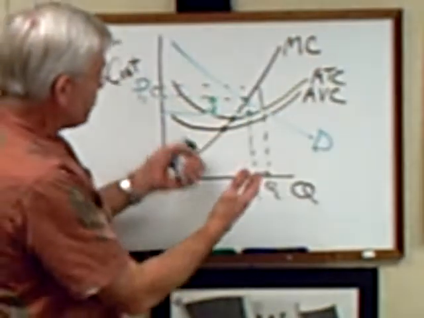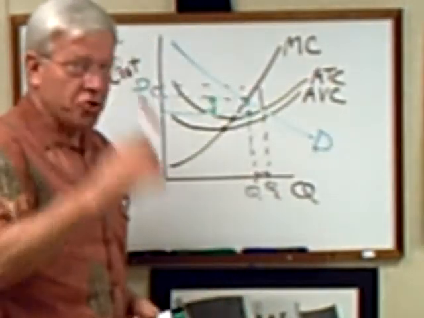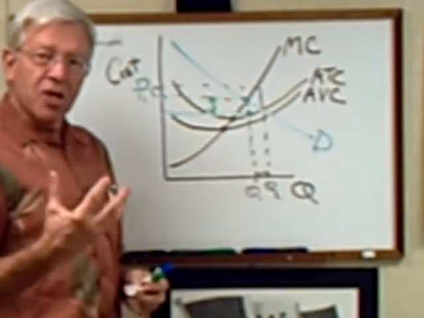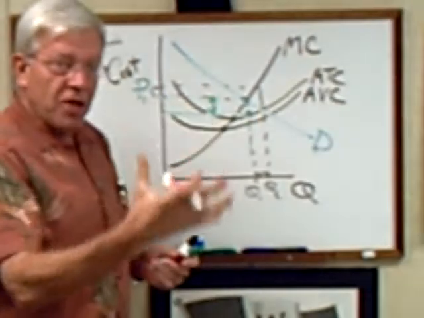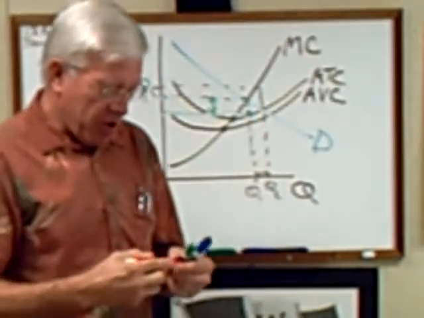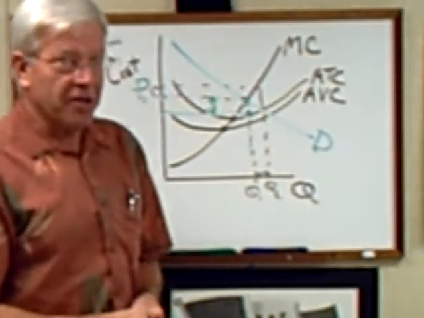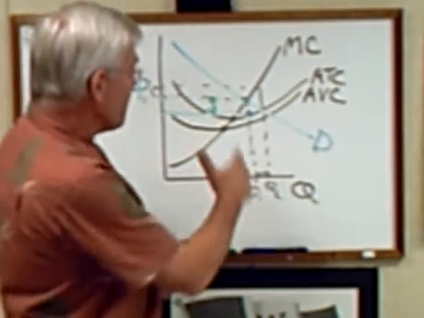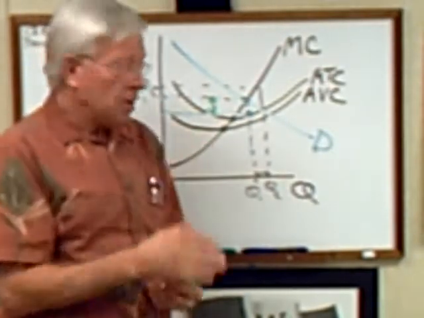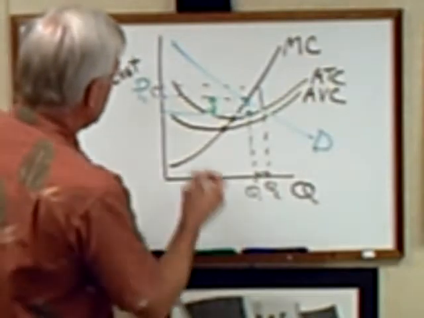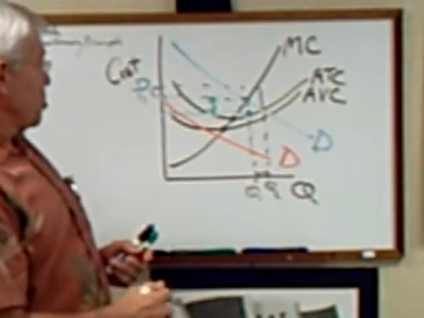Okay. Now, in another exercise, we can look and see what happens, and I'll use the red pen for this demand. Let's say this business is struggling, just getting started, and their demand is low because their marketing isn't very effective yet, or perhaps the product they're trying to sell is a loser. They're going to have a much lower demand. And let's say that demand is here. The loser demand.